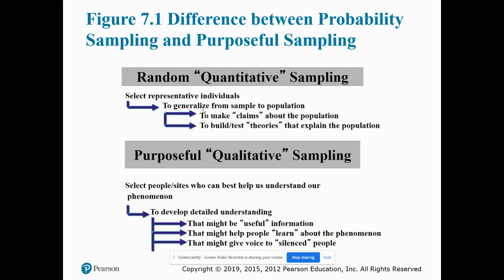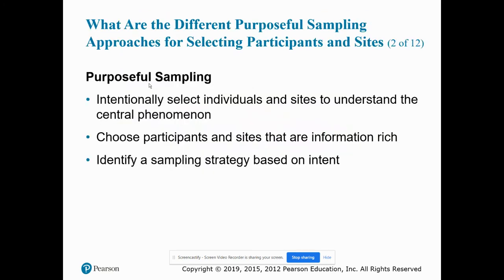You can make claims about that population, and you're also going to test theories, or you could, that explain that population. But with qualitative, you select people and sites who can best help you understand your phenomenon, okay? And you're going to develop detailed understanding, not generalizations. That might be useful info that might help people learn about the phenomenon and might give a voice to the silenced population.